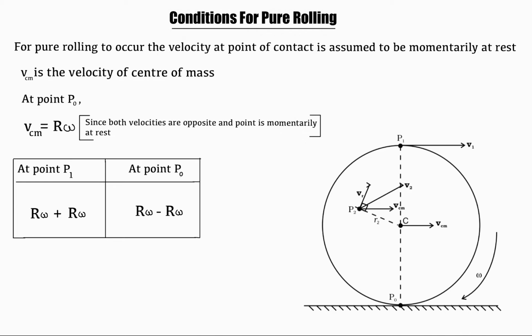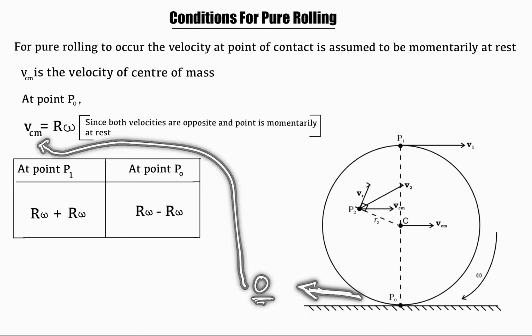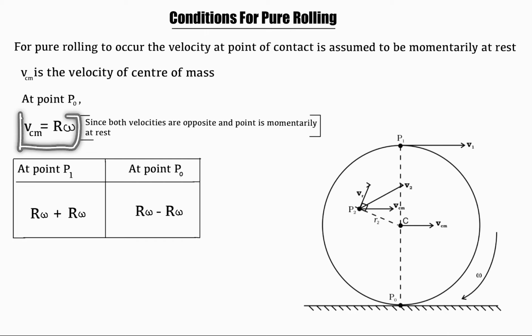Okay, what is the condition for pure rolling to occur? First of all, the relative velocity between the object and the ground should be 0. When that condition is satisfied, the velocity of the center of mass vcm will be equal to r omega. So what about the velocity at this point? The translational motion is towards this direction and the rotational component is along this direction.